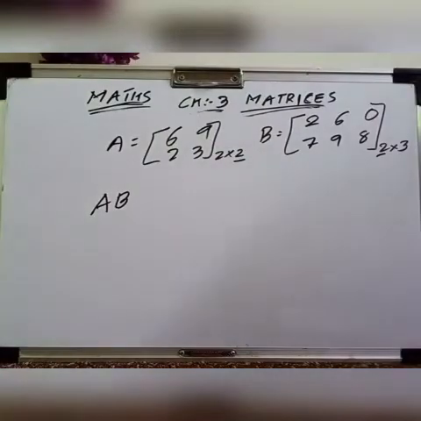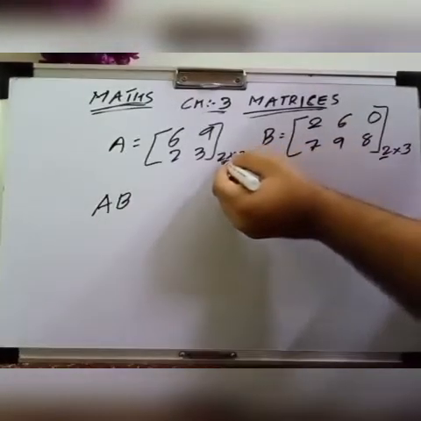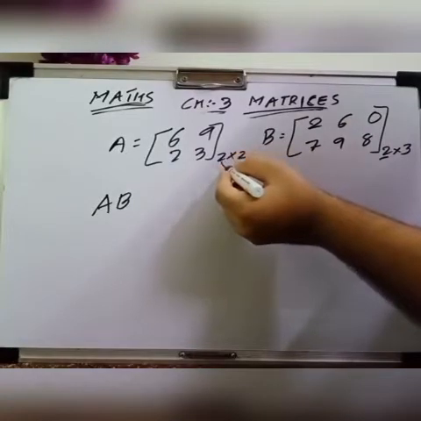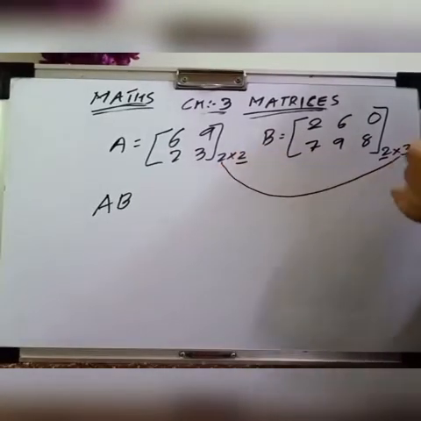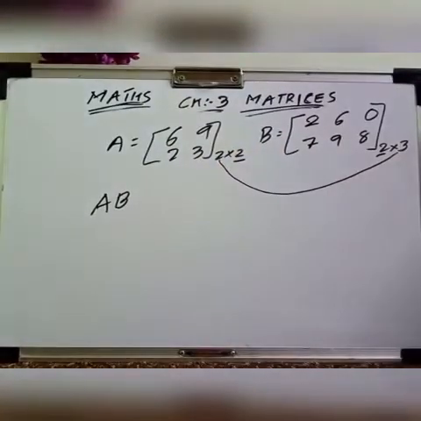Now, before going to the actual multiplication, you will write the order of the resultant matrix. Means if you multiply two matrices, then the resultant will also be a matrix.